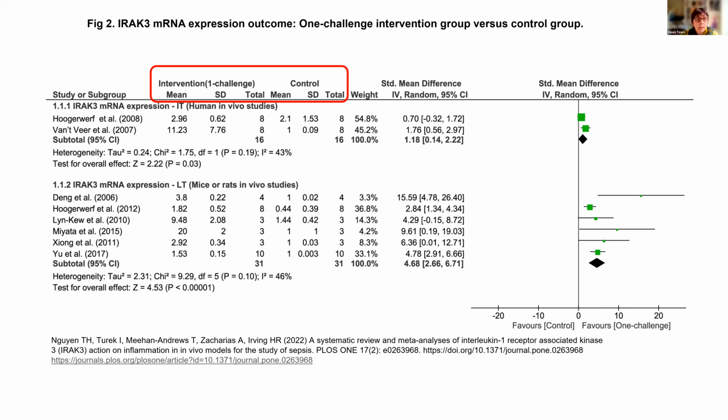So we have our control and then our intervention group, and the group-specific data is reported. So we have the means and the standard deviation and the total for each of the studies for each of the groups.